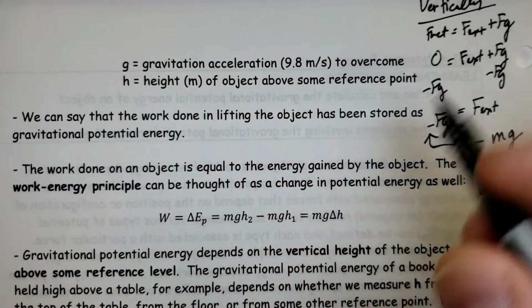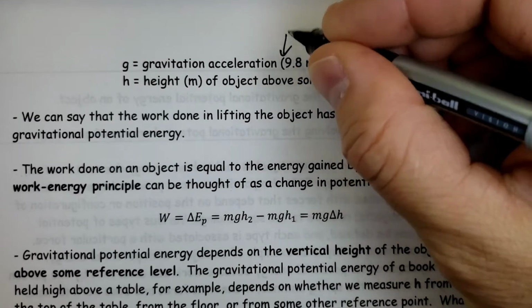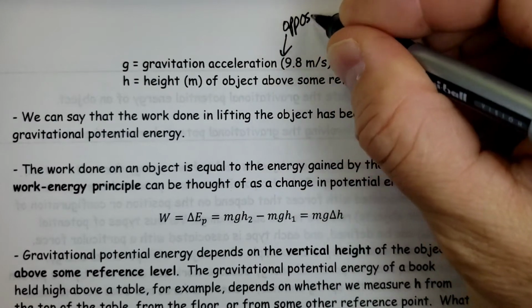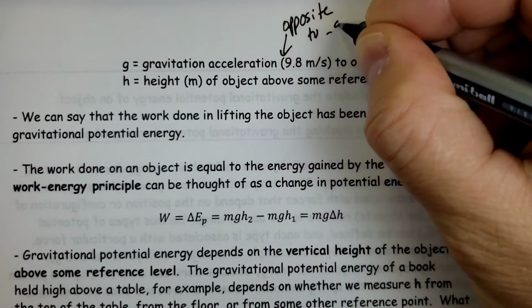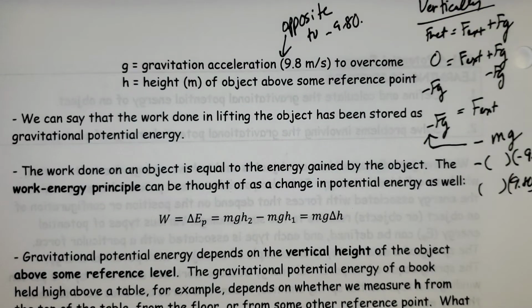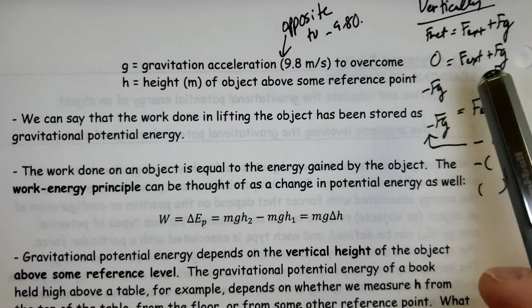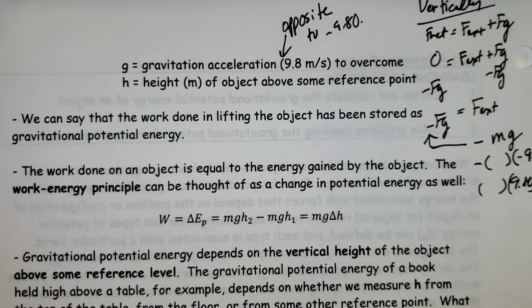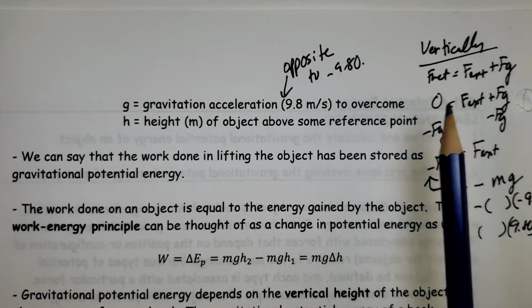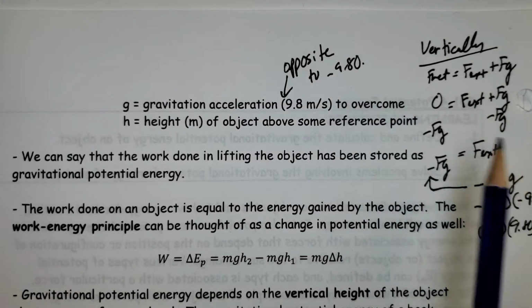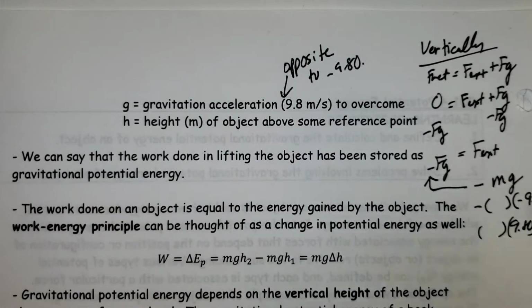So that's why I use this, opposite to negative 9.8. So I can calculate it directly without having to do this every time, because I know that it's equal and opposite to Fg. So I could just simply use positive 9.8 because that's what I'm lifting up with.